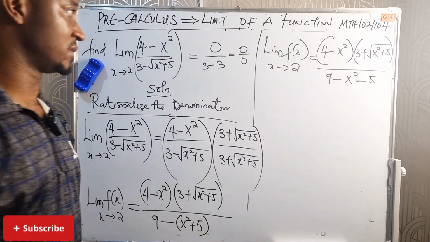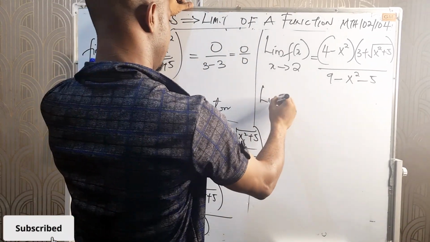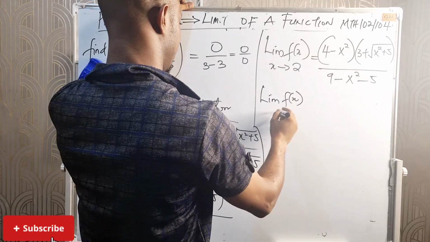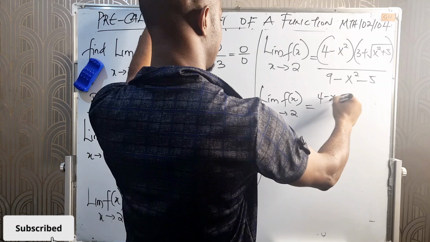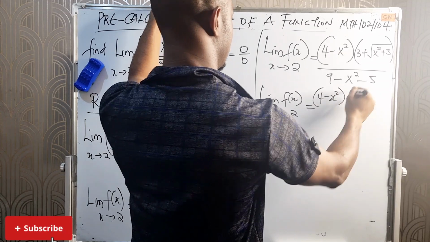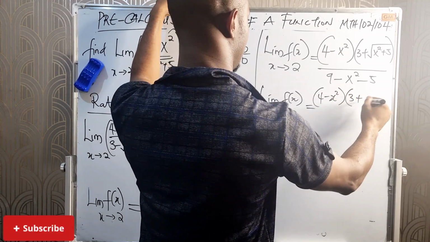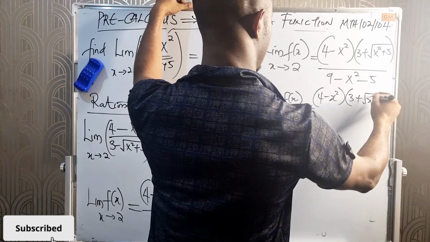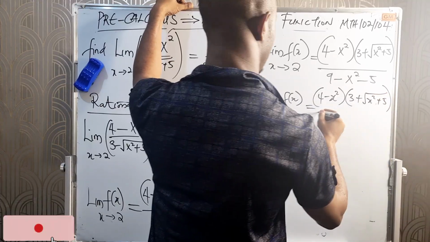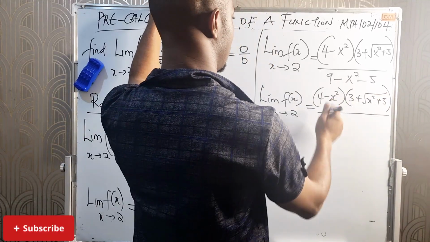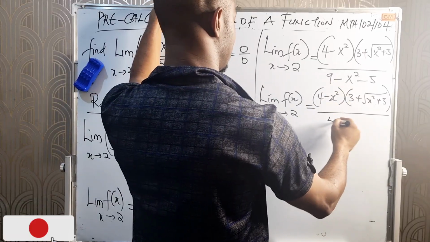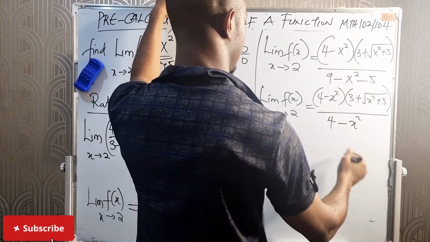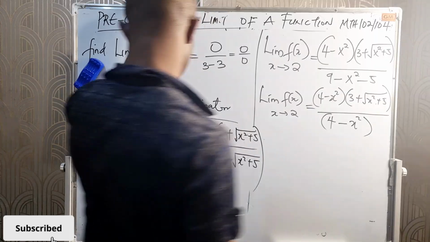So we have the limit of f of x as s approaches b of 4 minus s squared, then times 3 plus root s squared plus 5, all divided by, here becomes 9 minus 5. These two, they are like terms. That will give us 4 minus what? S squared. Are you seeing that now?